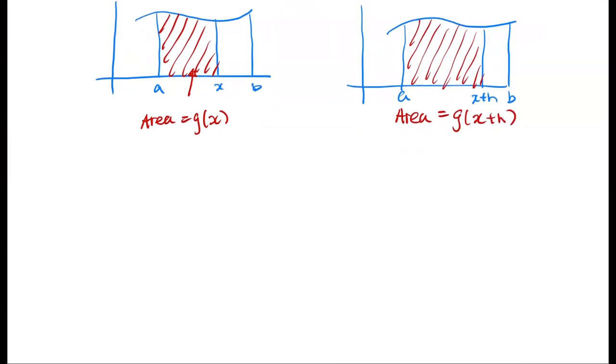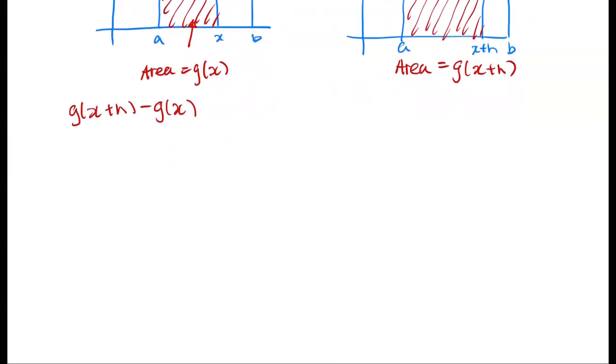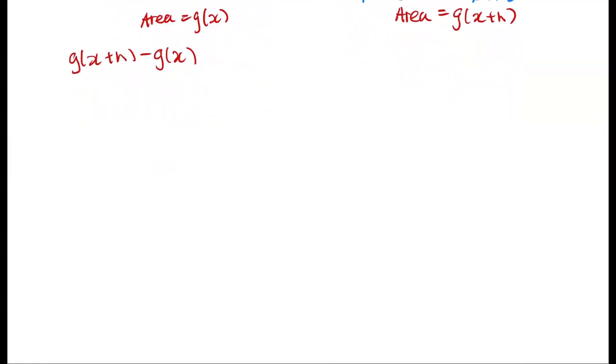Now, if we take the difference between the two, that means G of X plus H minus G of X, obviously the larger area will be first. Then if we draw the combined graph of this, we would have something that looks like this.